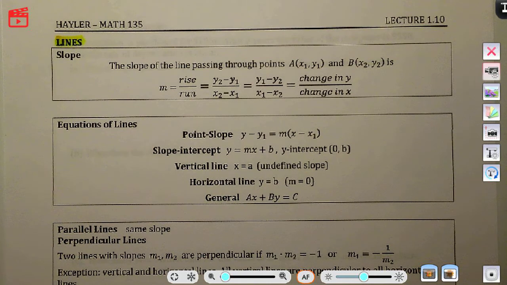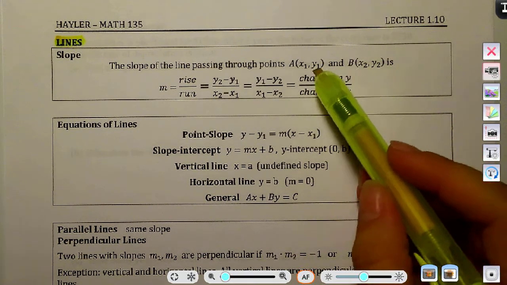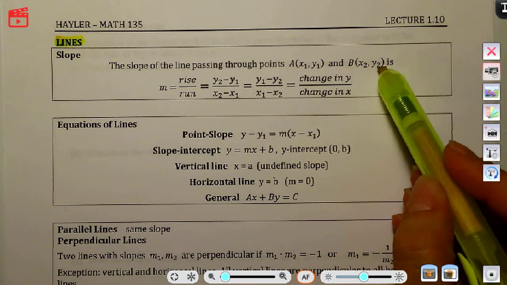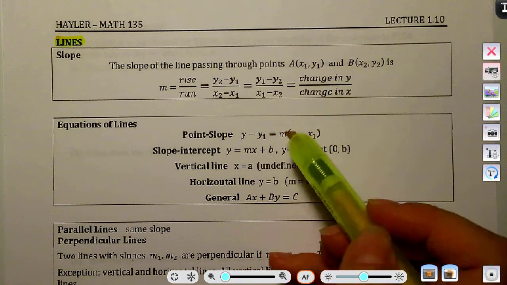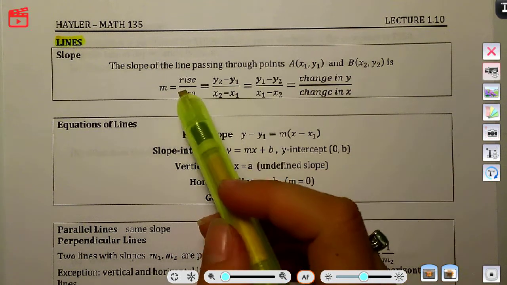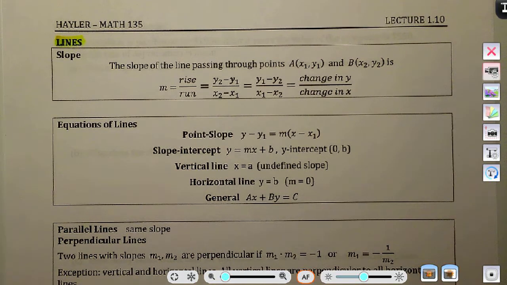So the slope of a line that passes through the points A and B, where A is (x sub 1, y sub 1) and B is (x sub 2, y sub 2), is given in these different forms. They're all the same, they all give a slope. The first one, you could count rise over run if you were given a graph. For example, let me grab a sticky note.